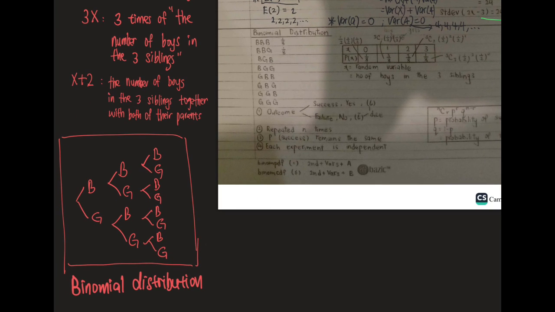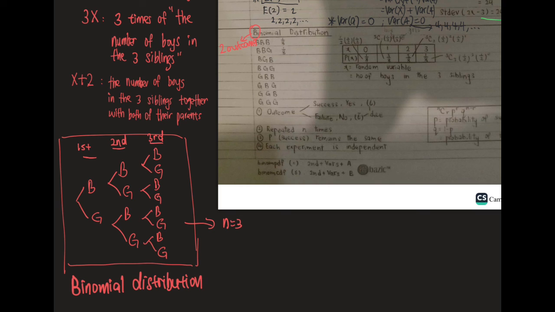Binomial, the word bi, right, means 2 outcomes. Then repeated n times. So how many times do they repeat here? 3 times. First, second, third. Repeat 3 times. n is equal to 3.